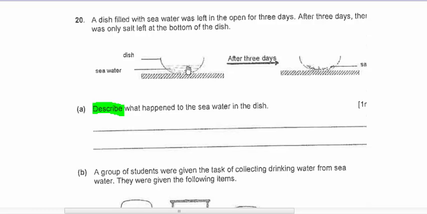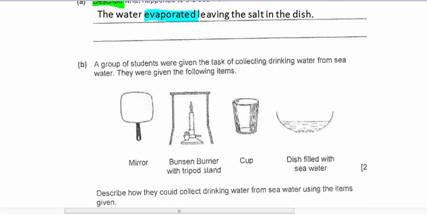And this is one way in which we get fresh water. That's why when it rains, it doesn't rain impurities, it rains fresh water, because the impurities are all left behind. So this is how you will describe it. The keyword here is the water evaporated, leaving the salt in the dish.